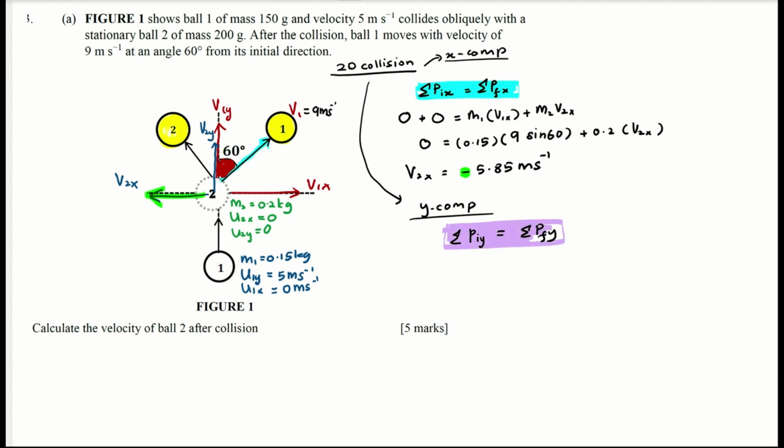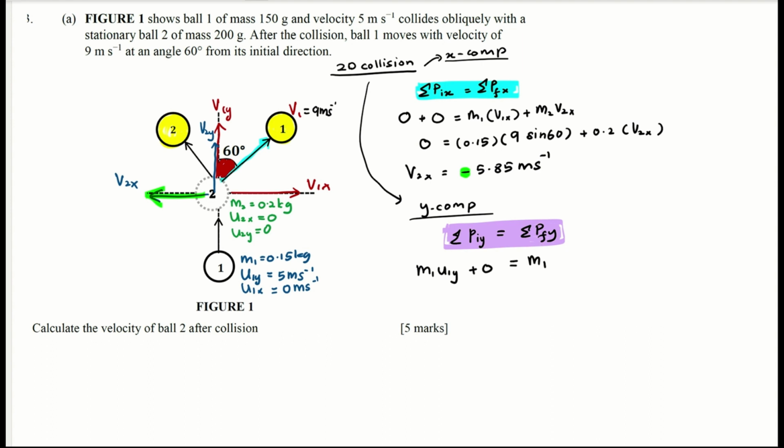Okay. So kita tengok siapa bergerak before collision, siapa yang bergerak in Y component. Mass 1 ataupun mass 2. Mass 2 tadi kosong. U dia dua-dua kosong. So tak ada. Tapi U1Y ada. So dia akan jadi M1 U1Y plus 0 untuk mass yang kedua tak ada.